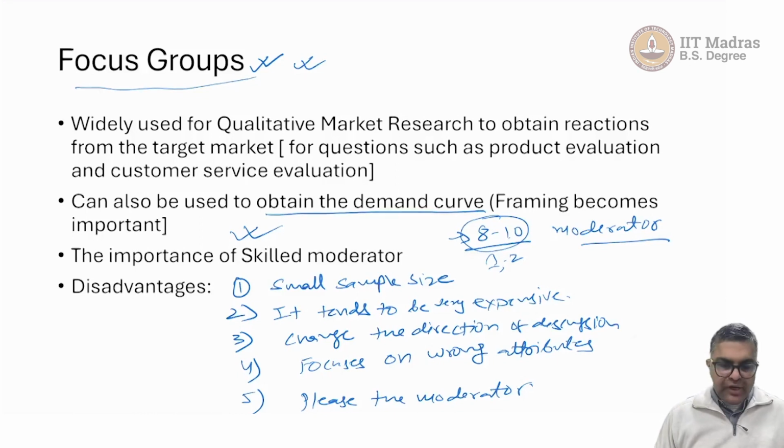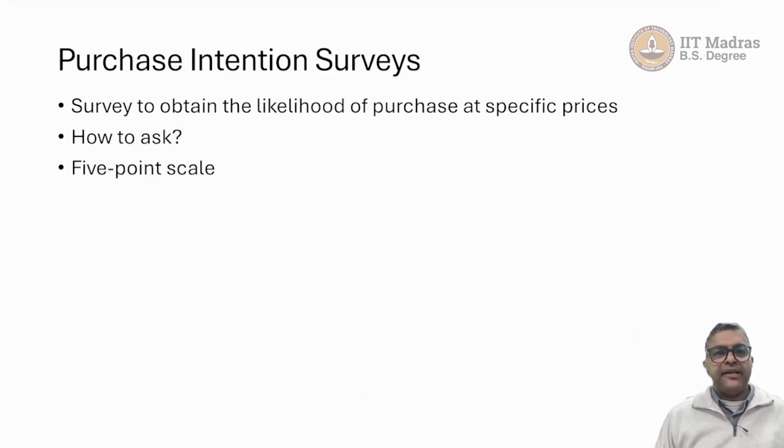Now let us look at survey, more specifically purchase intention survey. What is this survey? This survey is to obtain the likelihood of purchase at specific prices. The most important question is, can we ask a potential customer how much they are willing to pay, and will they give the right information?